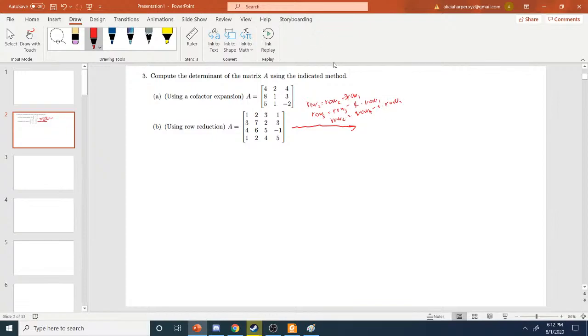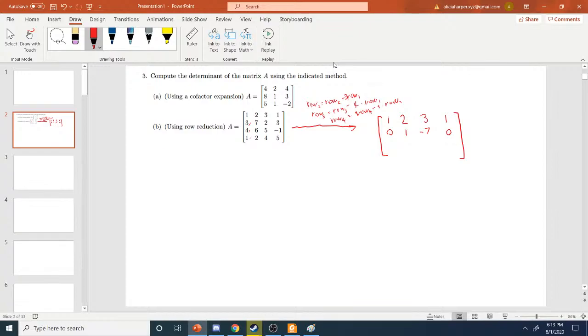So with this first batch of row operations, what we're trying to do is kill off this term and this term. And so if we carry them out, let's see what we get. We know that the first row stays the same, so we have 1, 2, 3, 1. For the second row, we're going to have 0 here, 1 here, and 0 here. And then here, if I take 3 times 3 and subtract it from 2, I should have -7 here.